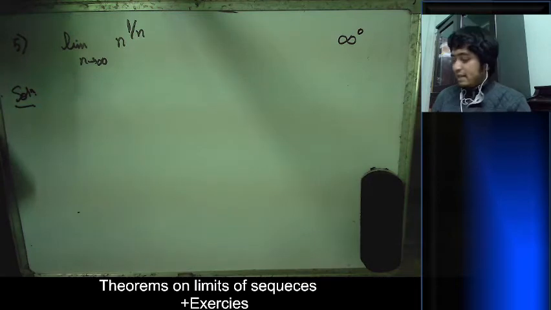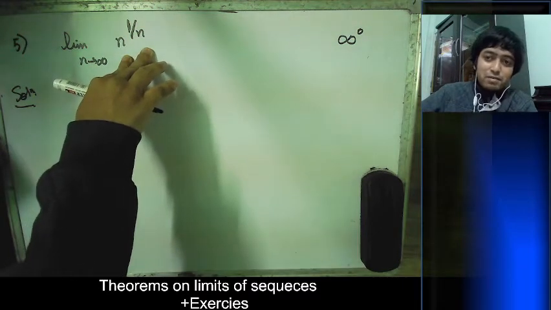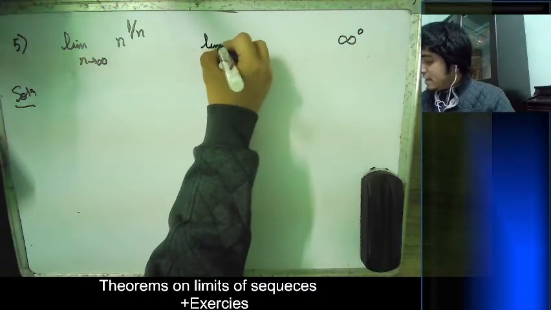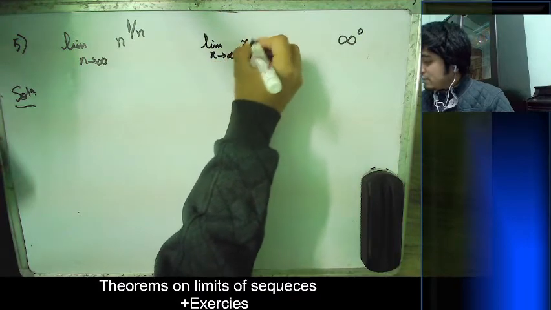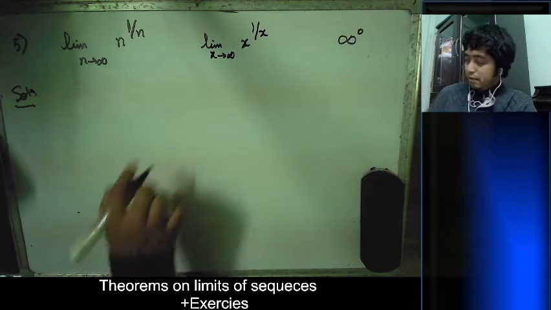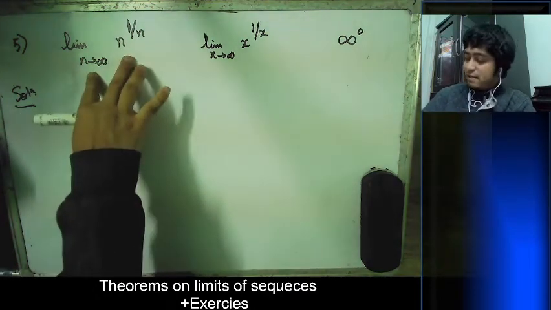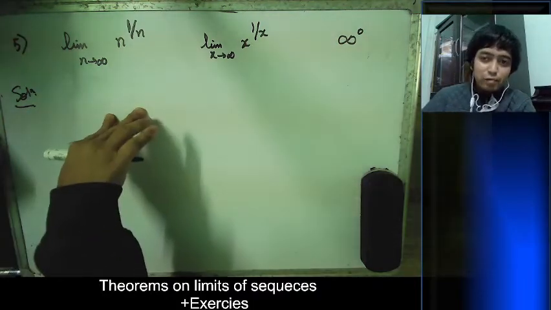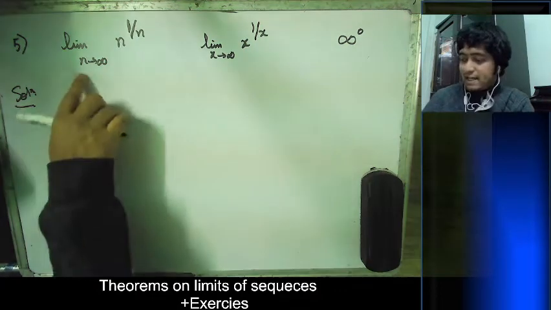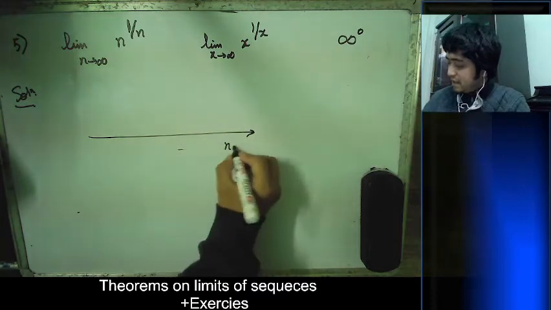Okay, so how exactly are we going to do this one? If you remember back in your calculus course, when dealing with limits of functions, for example, limit x tends to infinity, x power 1 by x. Whenever we are having something like this, where it is very difficult to calculate it in the usual way, we will think of it in this way, because n is a natural number, and it tends to infinity.